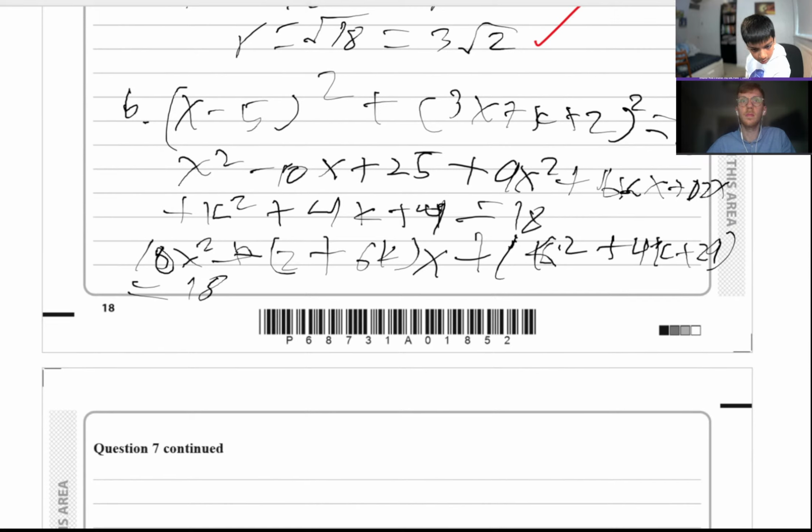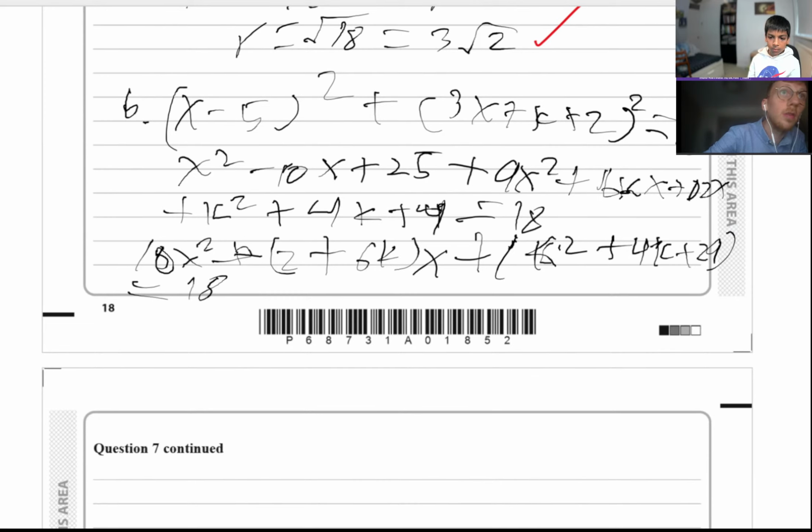That's 18. Good, so what should it be equal to if we're going to use the discriminant? Not sure. Whenever we're using the discriminant, it's solving a quadratic, but the quadratic must be equal to 0. So we need to take that 18 from both sides.